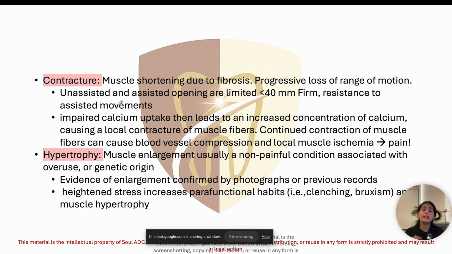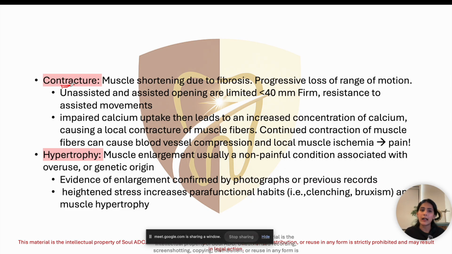There is unassisted or assisted opening. When we observe the opening of the mouth, it will be reduced to less than 40 millimeters, either when you are assisting the patient or even when the patient is trying to open by themselves. So opening by itself or using hands, the opening will be reduced. So there is resistance to assisted movement.